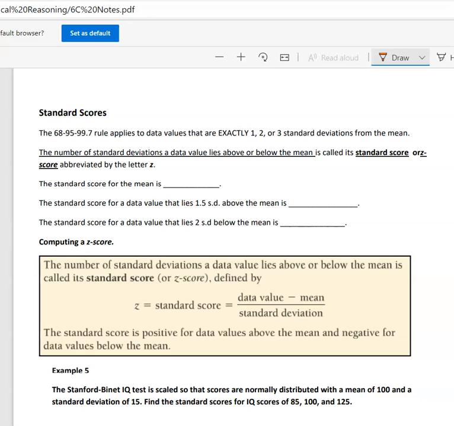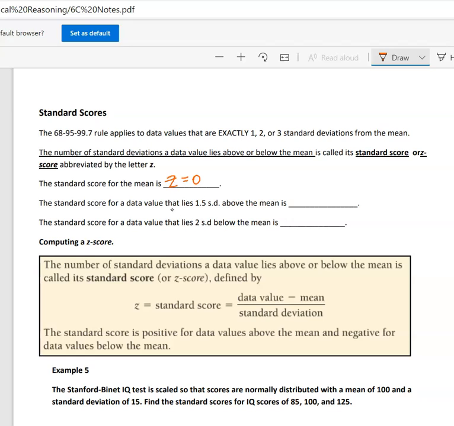The standard score for the mean is z equals 0, because the mean is 0 standard deviations from the mean.